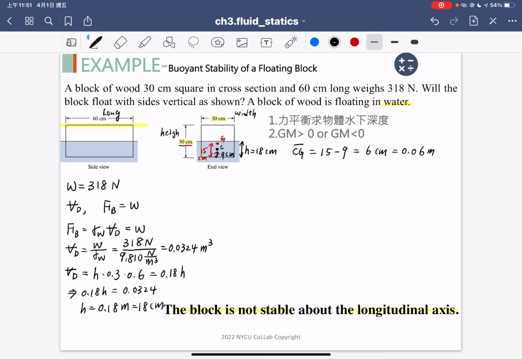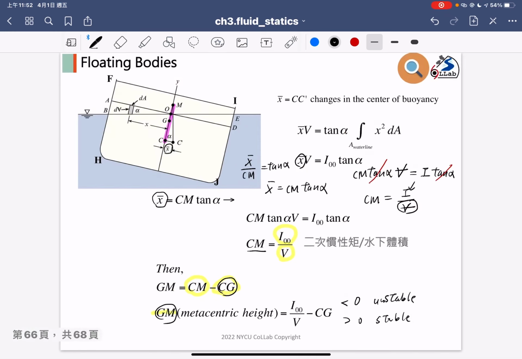So our key knowledge here is how we can predict the CM distance, right? As I mentioned, if you forgot, the previous slide tells you the CM here is equal to the second moment divided by the displaced volume.